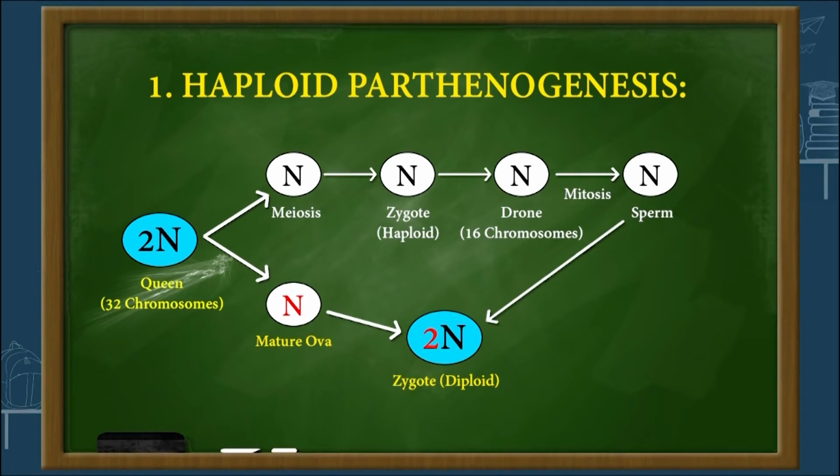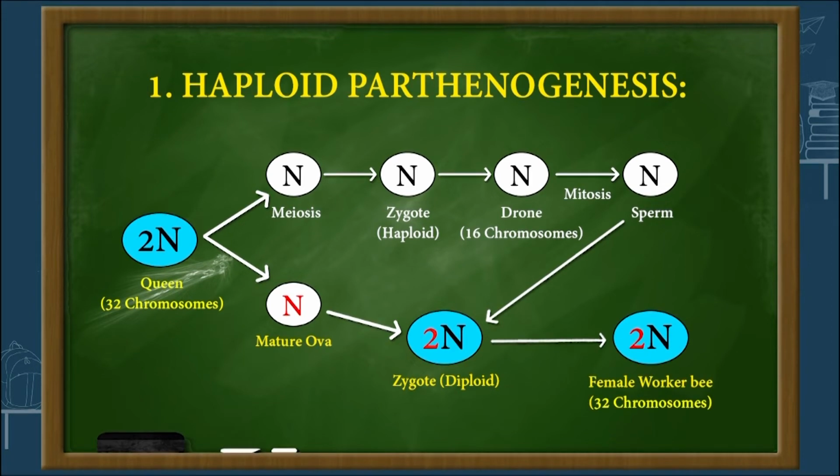Then that restores the diploid set of chromosomes once again, that means 32 chromosomes are restored. That will form into female workers. Among the female workers, only one or a few can be fed with a special type of food called royal jelly, and that becomes the queen.